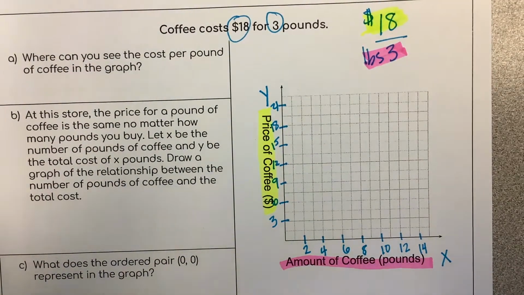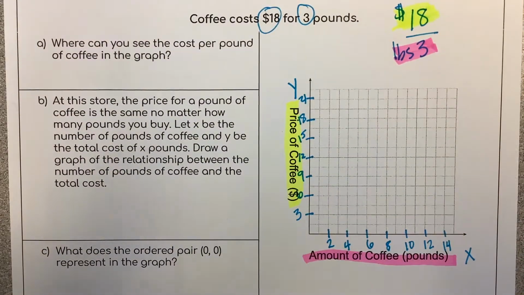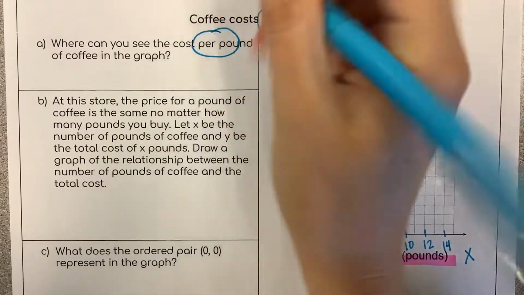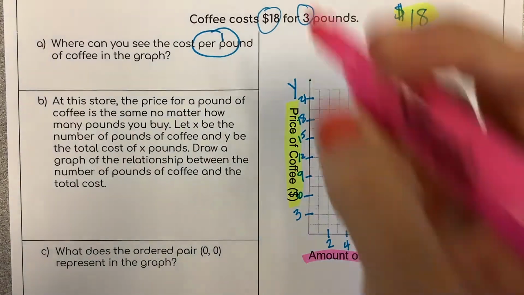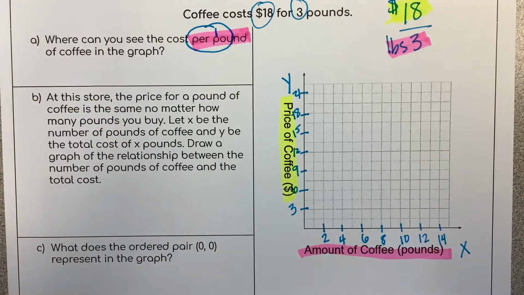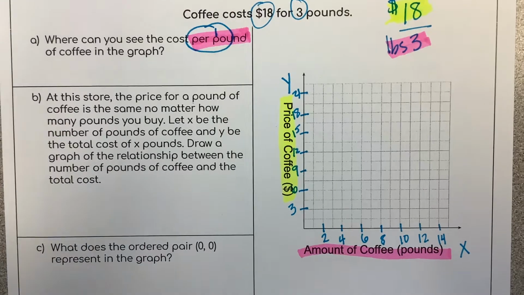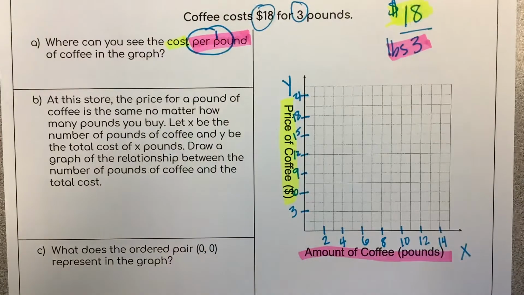So question A says, where can you see the cost per pound of coffee in the graph? So the word per means 1. So we want to know per 1 pound, that is our x value of coffee in the graph. So the cost, what is the cost per 1 pound?